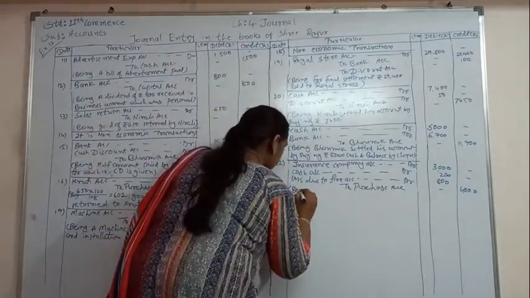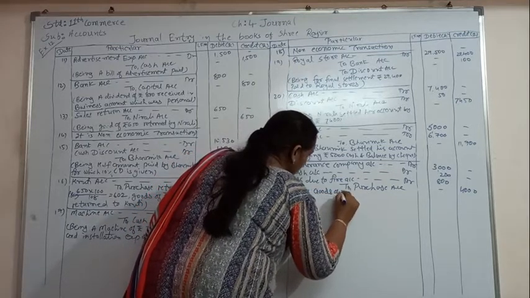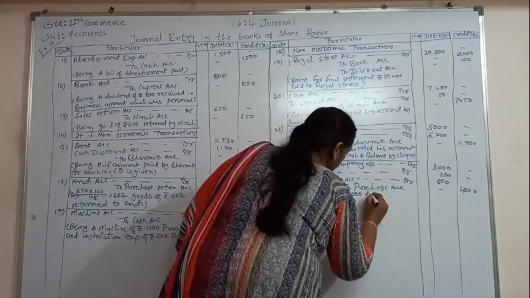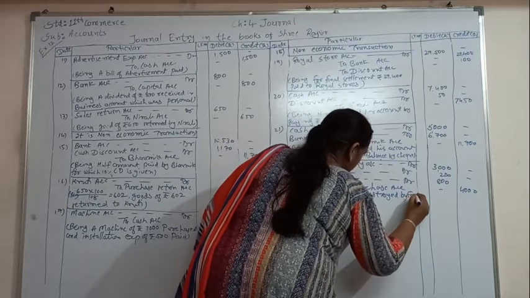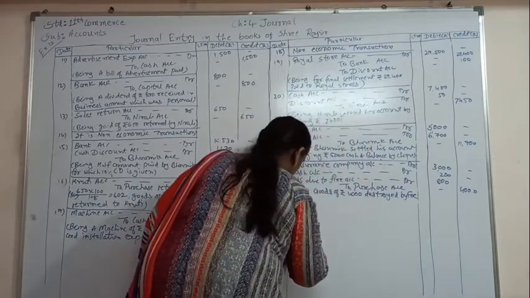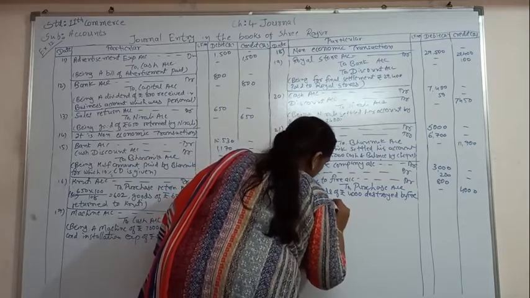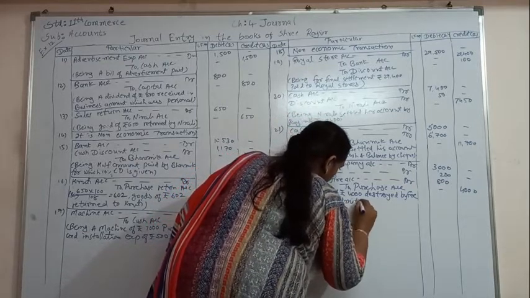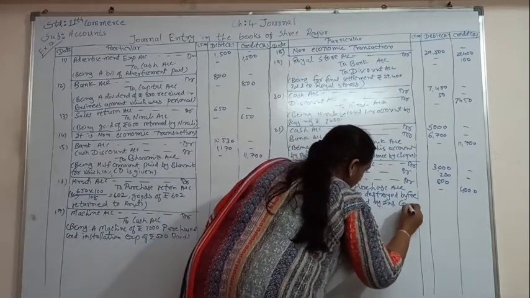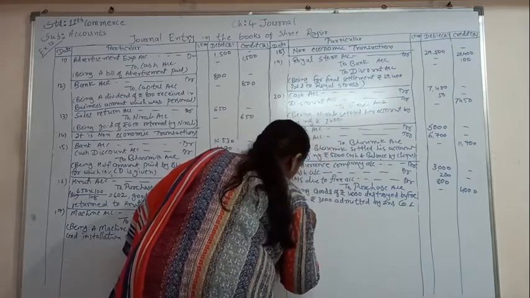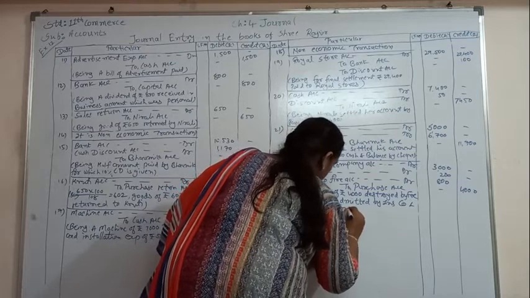Being goods of rupees 4,000 destroyed by fire, for which rupees 3,000 admitted by insurance company and 200 realized from scrap.